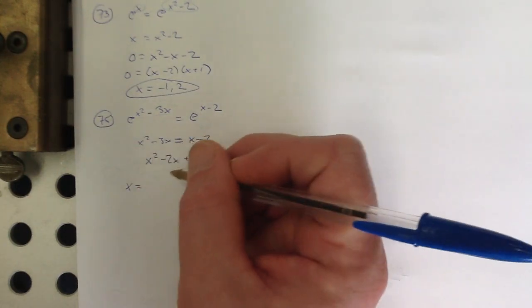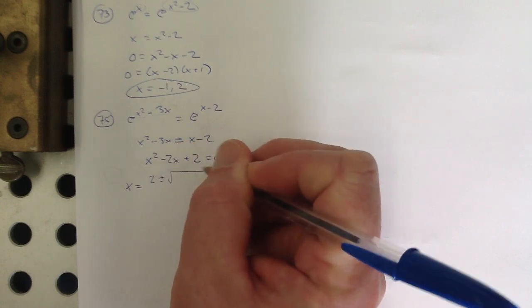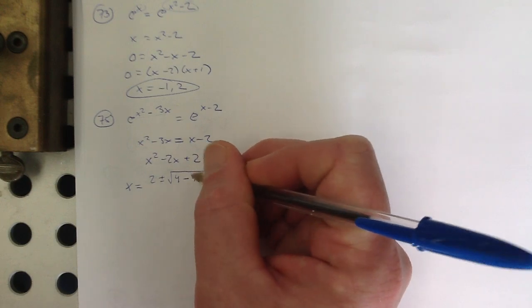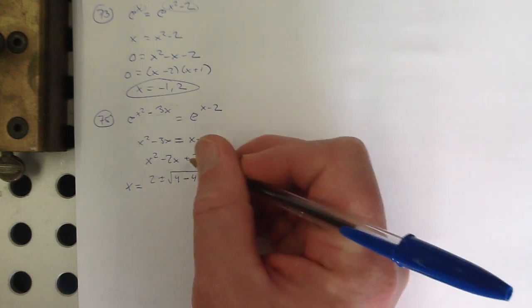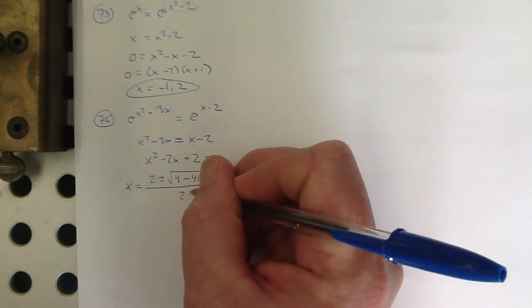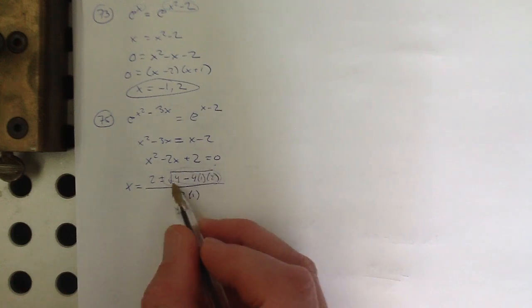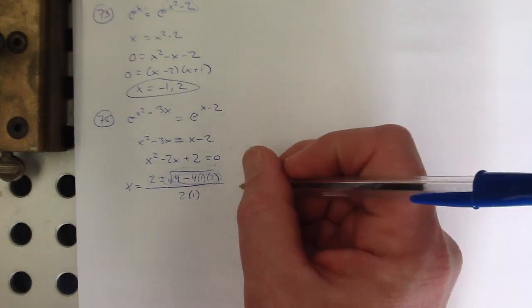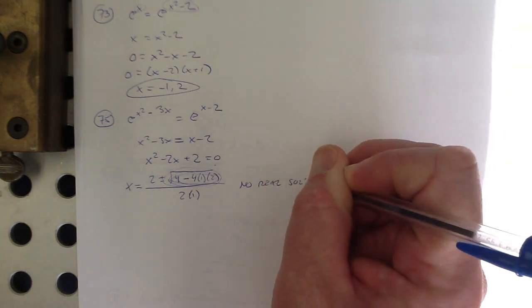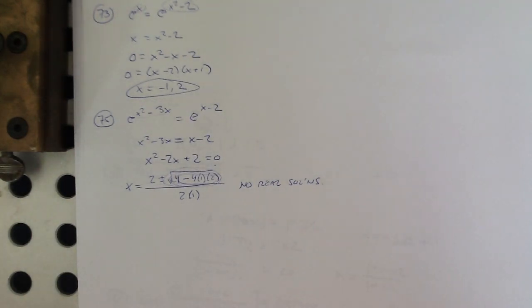So x is equal to the opposite of b plus or minus the square root of b squared minus 4ac, all over 2a. But the problem is that under the square root is negative. So there are no real solutions to this. You can't do it.